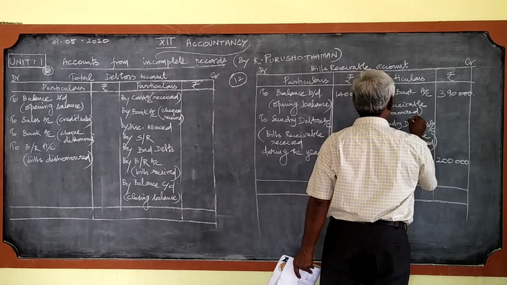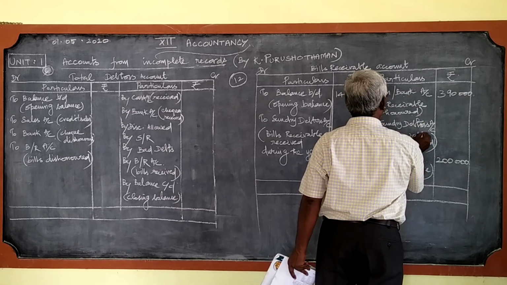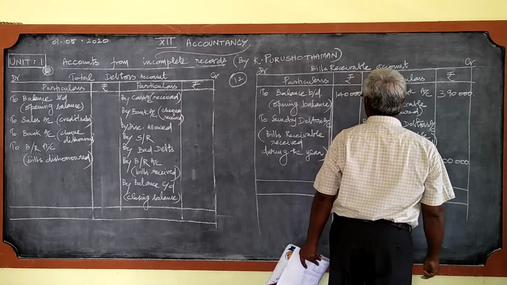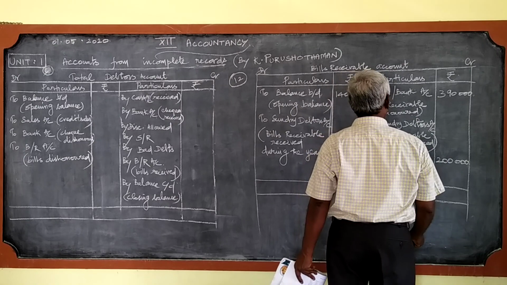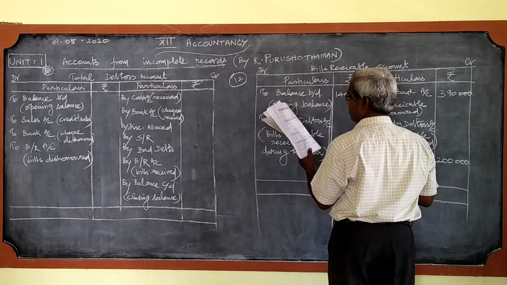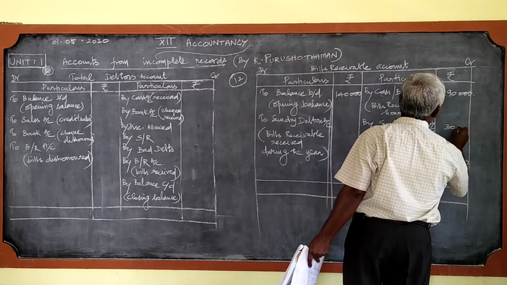This is honored and the same item given here, sundry debtors, bills receivable dishonored. What is the amount dishonored? Bills receivable dishonored is 30,000.